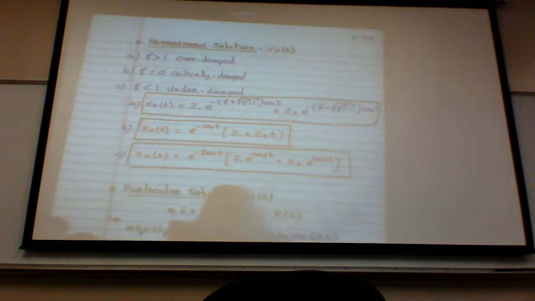In the homogeneous solution, will something be unknown? C1 and C2, no? So from where do you need to solve for C1 and C2? The initial conditions. From the initial conditions. Perfect.